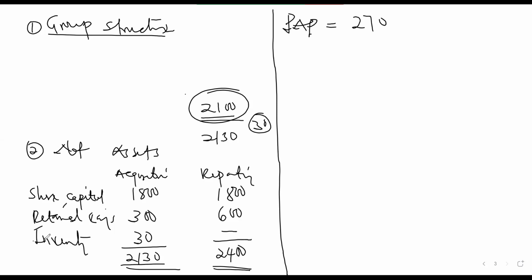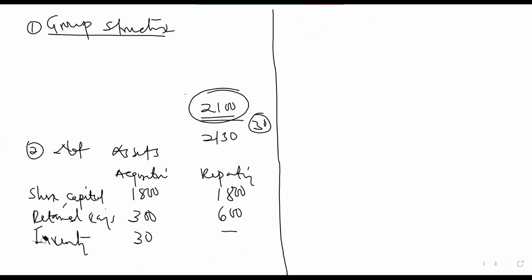But what if there are intra-group transactions? So let me leave this place for now.